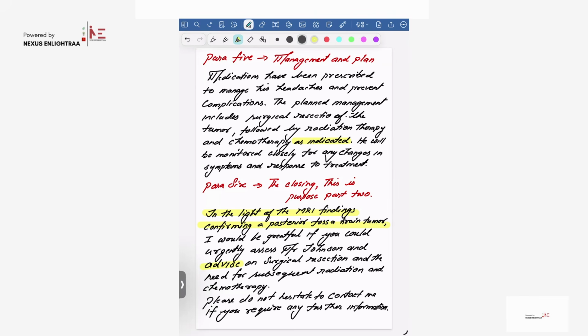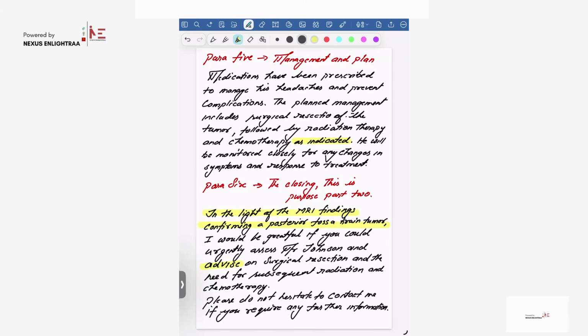This is something that you need to look up in the dictionary and find out where to use ADVICE and where to use ADVISE. Advice on surgical resection, and the need for subsequent radiation and chemotherapy. And then I have added a line: please do not hesitate to contact me if you require any further information.